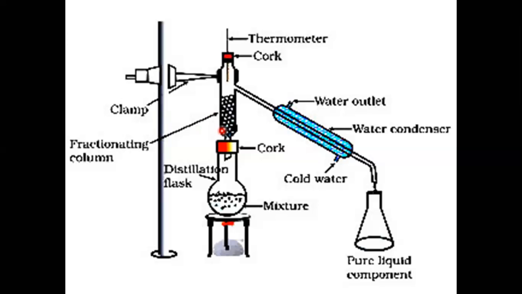Liquid air is then heated and allowed to move up through the fractionating column. Depending on the boiling points, the components of air are separated at different heights of the column. So, this is the fractional distillation setup.